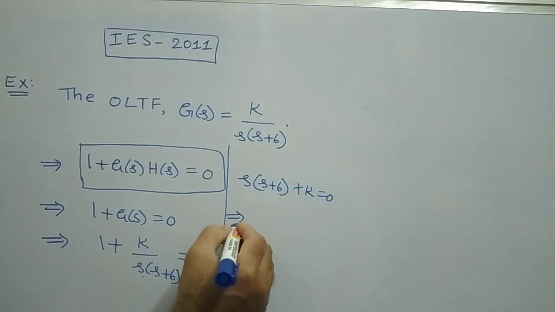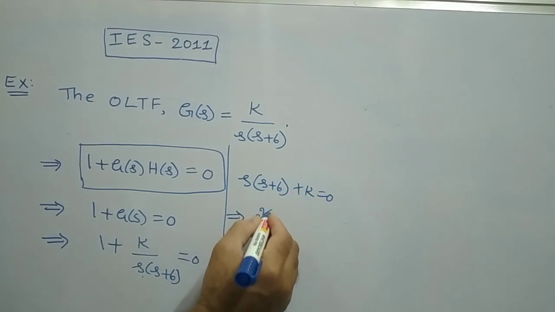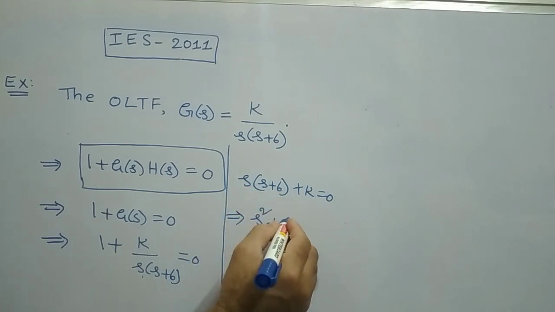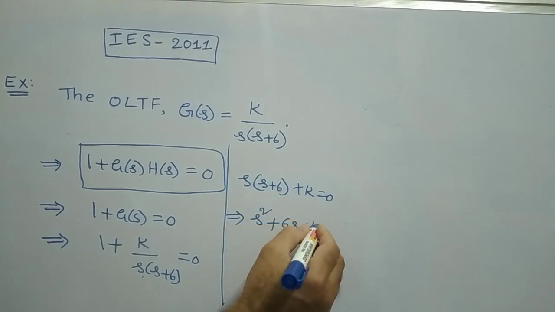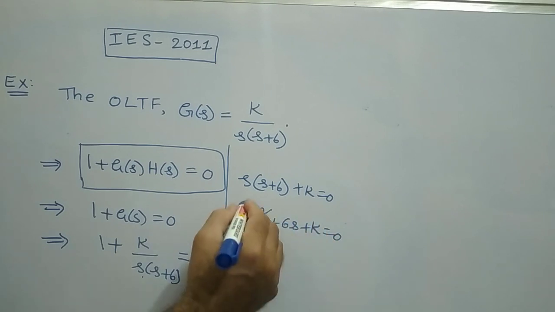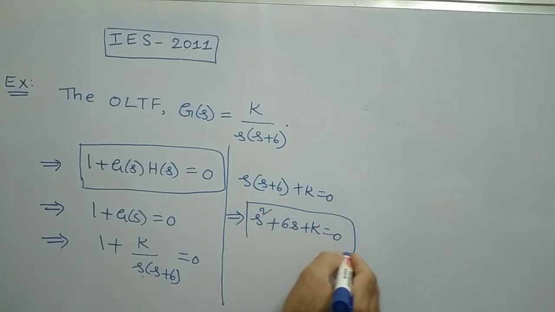This implies s square plus 6s plus k equals 0. That is the second order equation you got now.